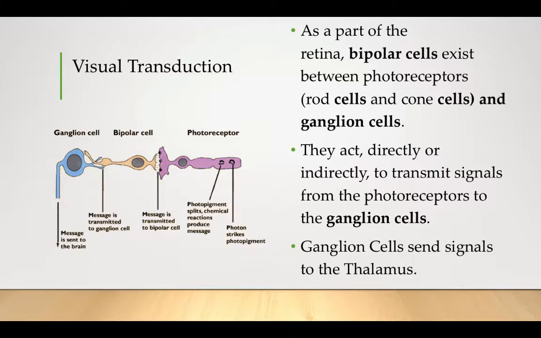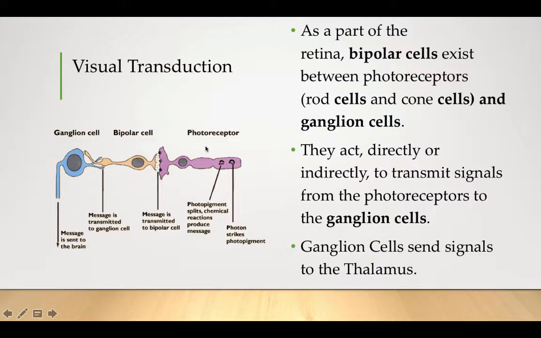The ganglion cells then start initial visual processing, but their primary purpose is to send all of our signals from our retina out of the eye into the brain to the thalamus. There are about 1 million ganglion cells in each eye, and their axons transfer information directly to the brain.